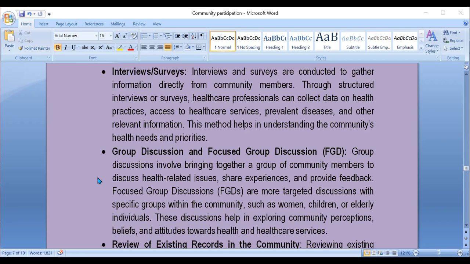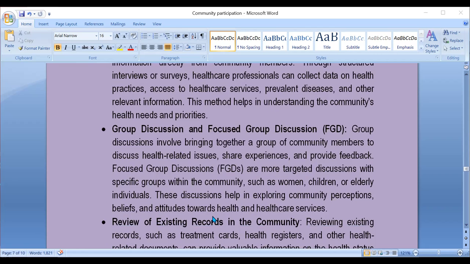You can engage maybe the youth leader, the women leader, and the President General, and ask for some information. This group discussion involves bringing together a group of community members to discuss health-related issues, share their experience, and provide feedback. Focus group discussions are more targeted discussions with specific groups within the community, such as women, children, and elderly people.